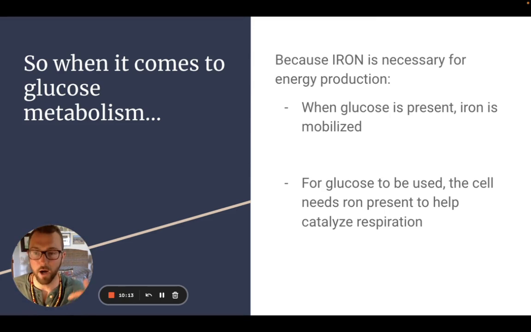Let me go get my iron to make sure that I have it ready to make that energy happen, right? So for glucose to be used, the cell needs iron present to help catalyze respiration, okay? So you really can't use glucose without having iron there. You need them both.